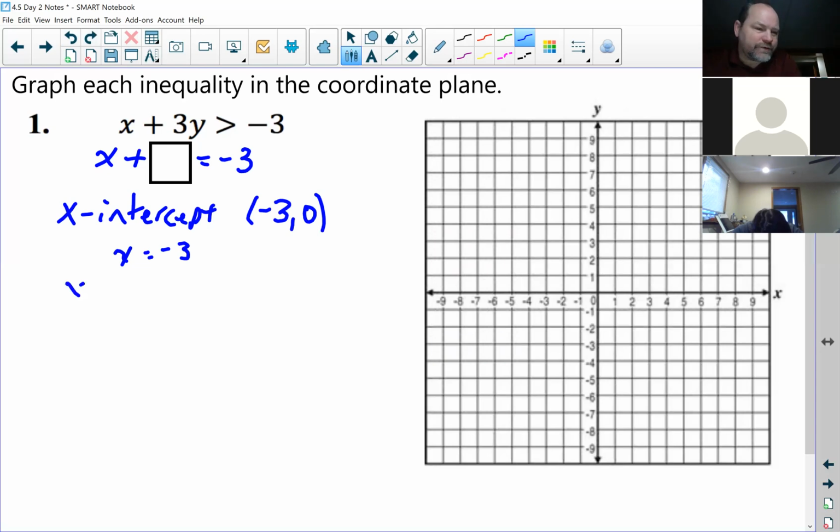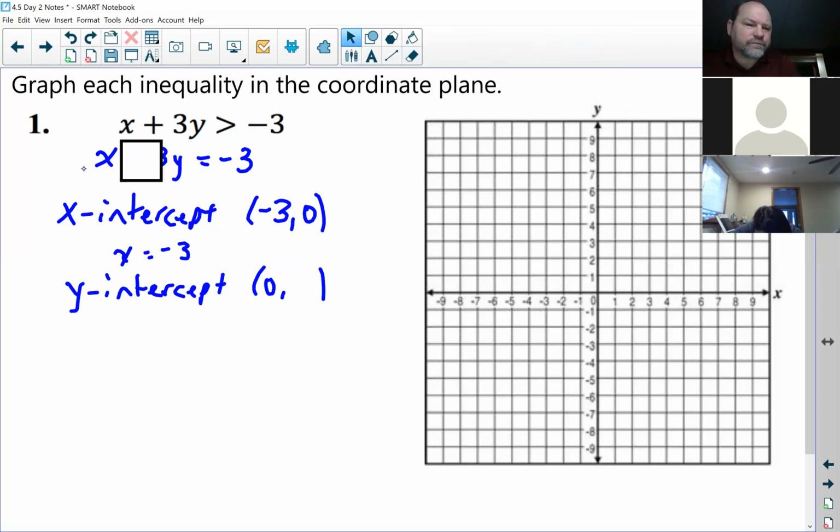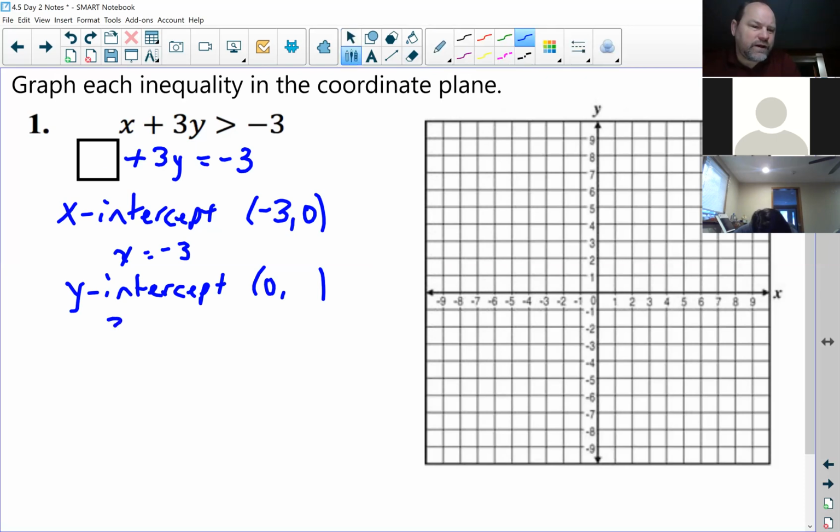My y-intercept, cover up my x term. So I get 3y equals -3. Divide both sides by 3.